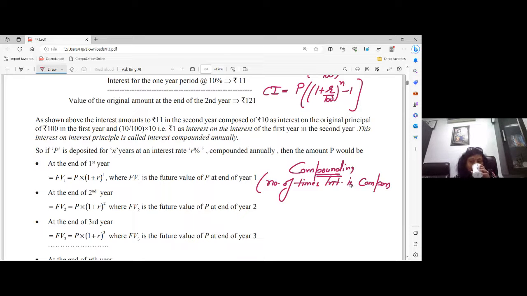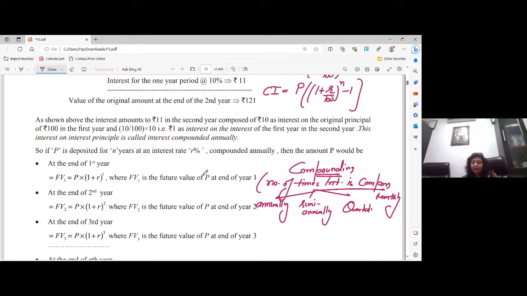This is called compounding. So compounding can be annually, semi-annually, quarterly, or monthly.